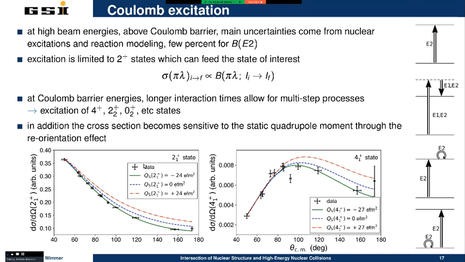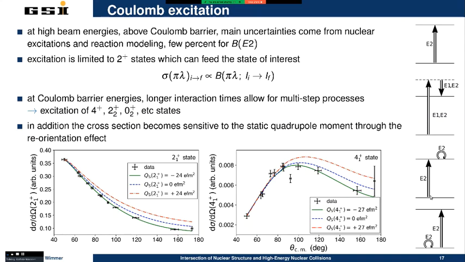Here's an example shown where it's the cross-section for the excitation of the 2+ state, which goes by this one-step excitation, and the 4+ state, which requires two steps because the angular momentum transfer of 4 is strongly limited, so you can only do two excitations.